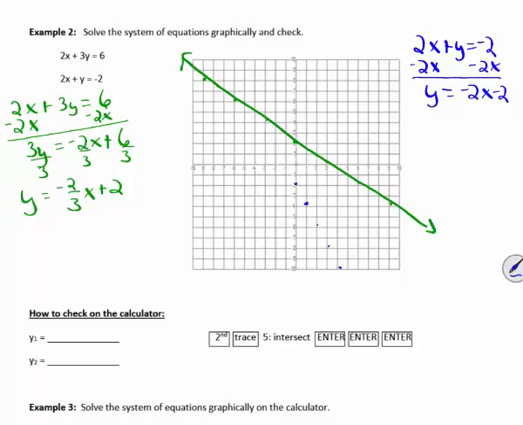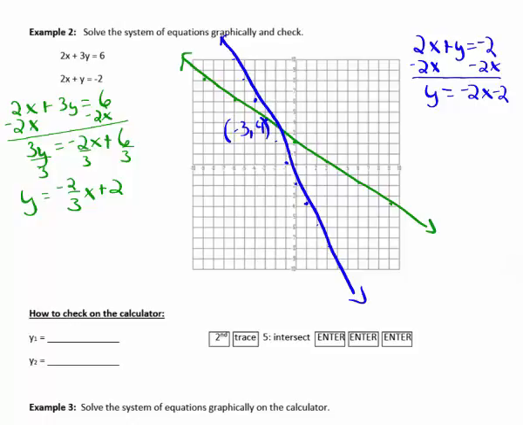Then I have to reverse it and go up 2 over 1. So I found my point of intersection, which is nice. That was a really bad line, sorry. And then I'm going to label that point where they intersected, which doesn't even look like it's where they intersected. But we're going to list it right here, -3, 4.